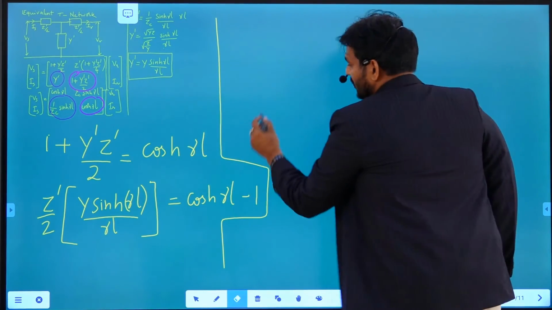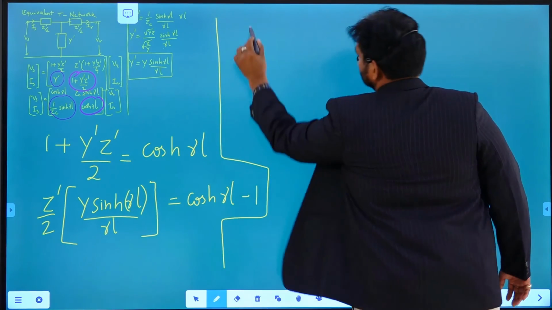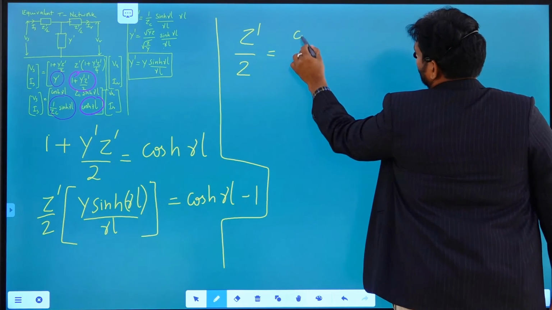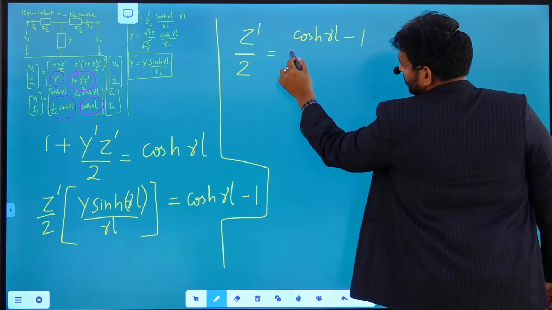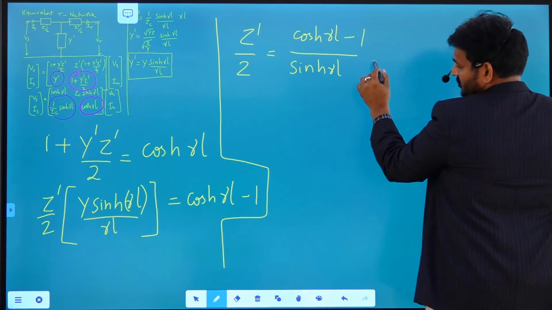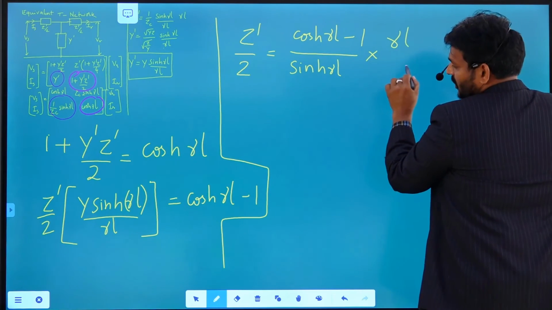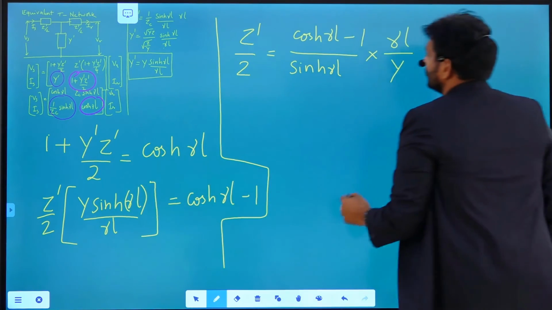Okay, so this can be rewritten as Z dash by 2 is equal to cosh of gamma L minus 1 divided by sinh of gamma L into, so this gamma L will go to the numerator and here you will have Y, that is to the denominator.